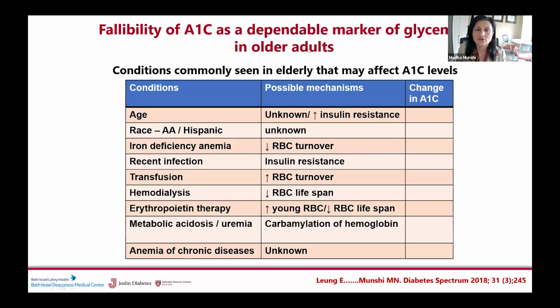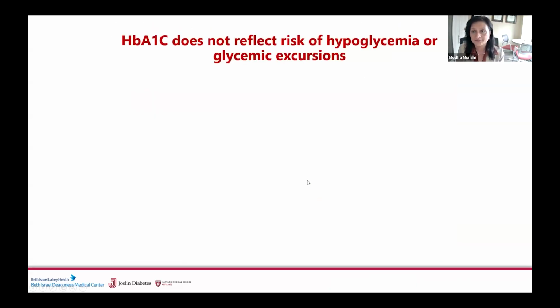A lot of things can change RBC turnover or RBC lifespan, and they can change the normative data of hemoglobin A1C in different directions. So we really don't know what hemoglobin A1C is reflecting when patients have anemia, recent infection, erythropoietin therapy, metabolic acidosis, or anemia of chronic disease.